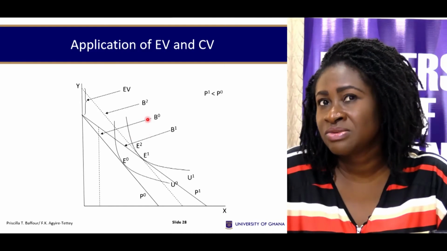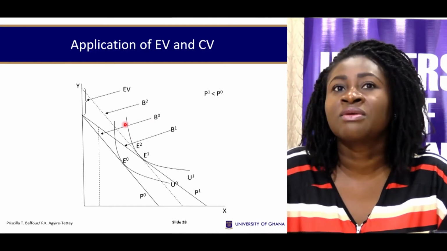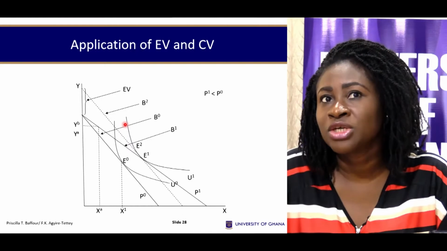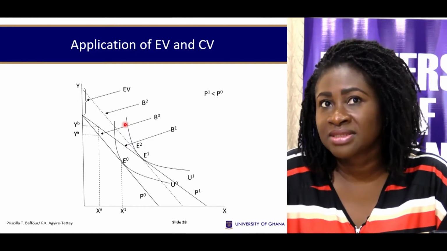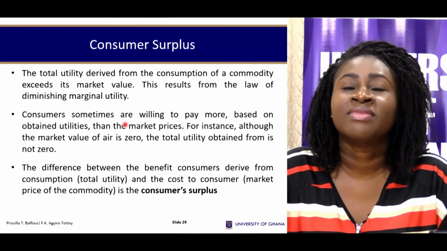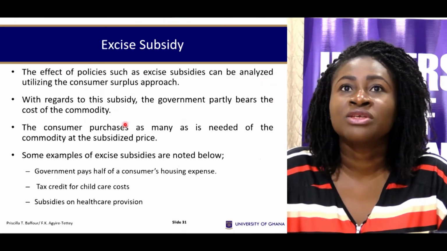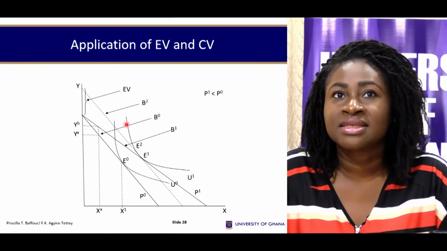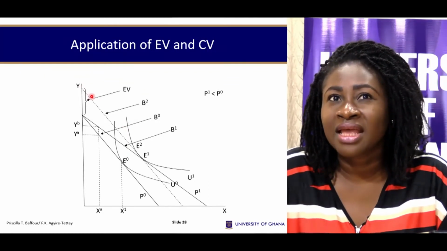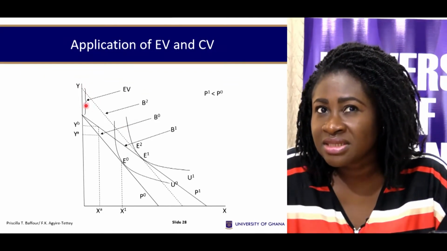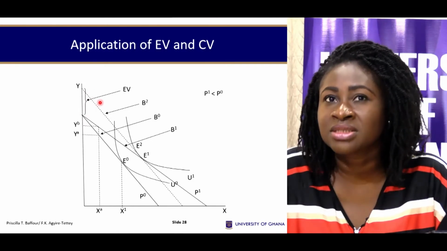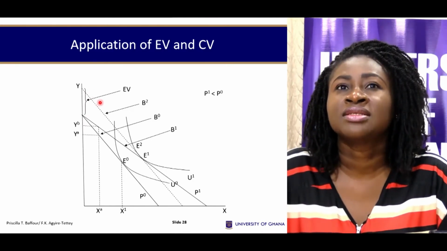So the compensating variation is to give the consumer some money to take him back to the original level. And this is a situation of farmers, right? The question we are asking is, how much should we give to farmers? And from that you can tell that the consumer needs to be subsidized by this amount, the equivalent variation, this proportion. This is how much the consumer needs to be subsidized.